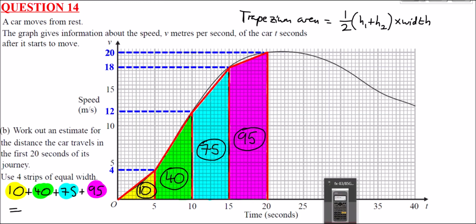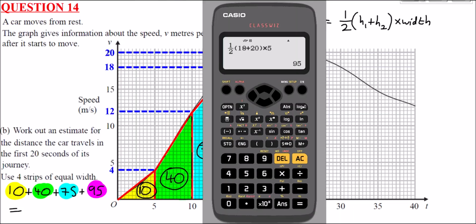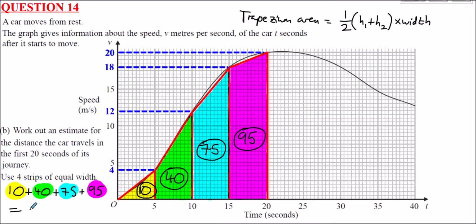So calculator for the final time for question 14. 10 plus 40 plus 75 plus 95, 220. So it's going to be 220 meters. And that's question 14 finished.